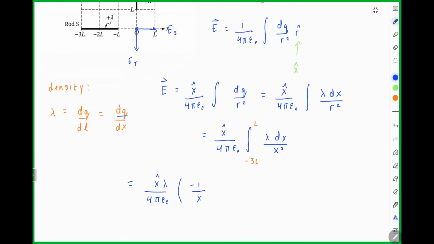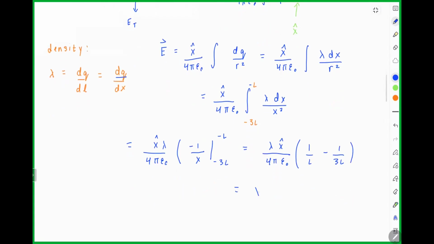And we're now going to evaluate from negative 3L up to negative L. So that becomes lambda x hat over 4 pi epsilon naught, 1 over L, negatives cancel out, minus 1 over 3L, which we can simplify to lambda x hat over 4 pi epsilon naught, 3 minus 1 over 3L.